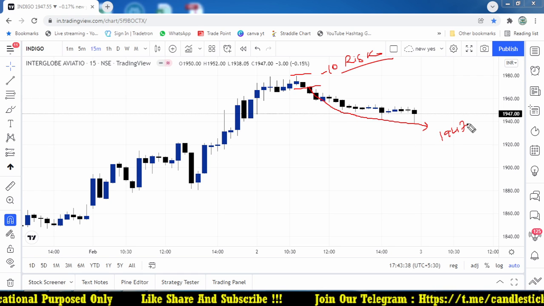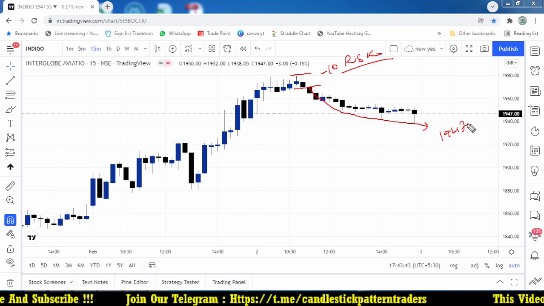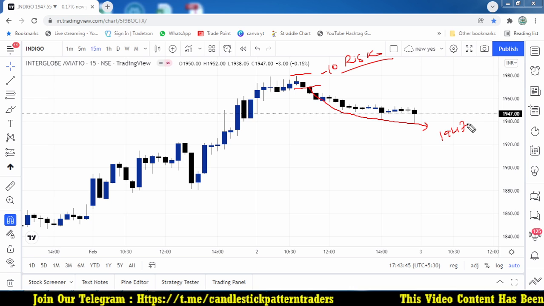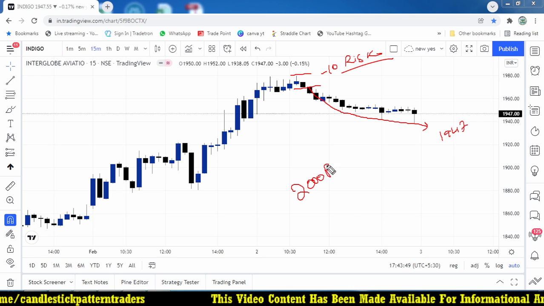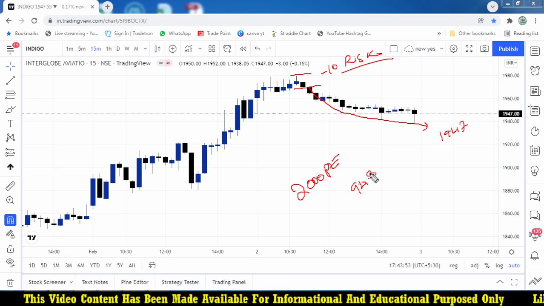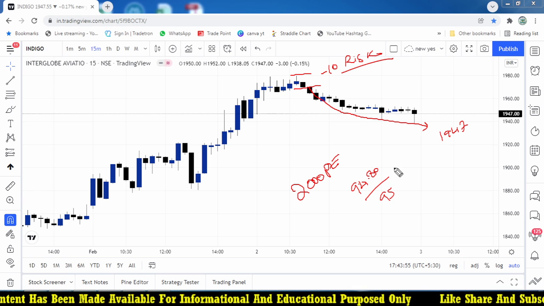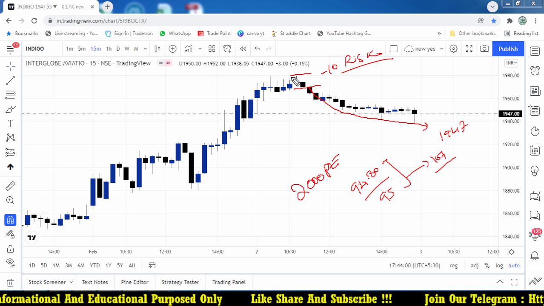Based on this candlestick pattern, we took the option trade also. We took a 2200 put option, right? Sorry, the 2000 put option, which we took at the 94.8 or 95 level. By closing, the option went to 107. We took a 10 rupees risk.